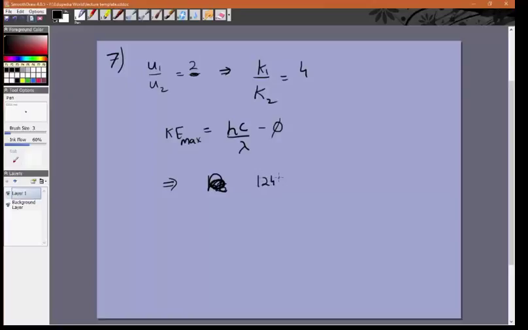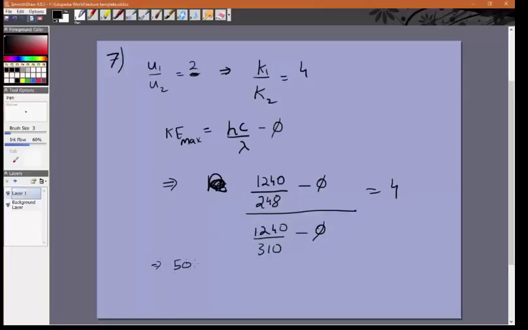So 1240 by 248 minus phi divided by 1240 by 310 minus phi is equal to 4. Right, just substitute K from these two equations. This comes out to be 5 and this comes out to be 4.